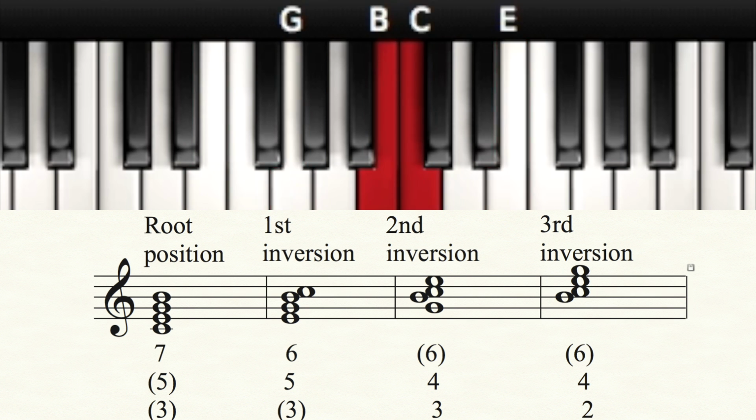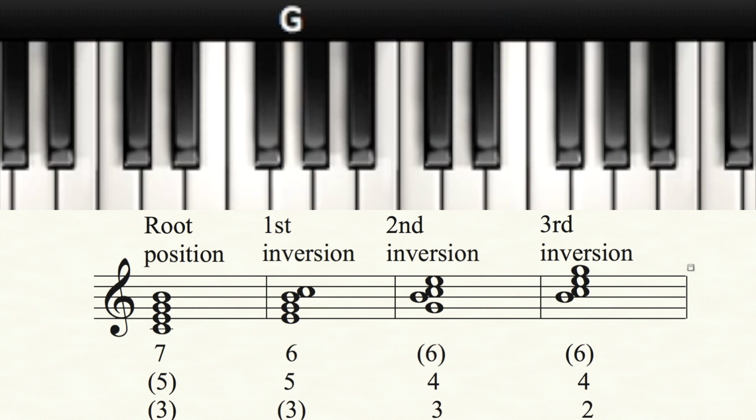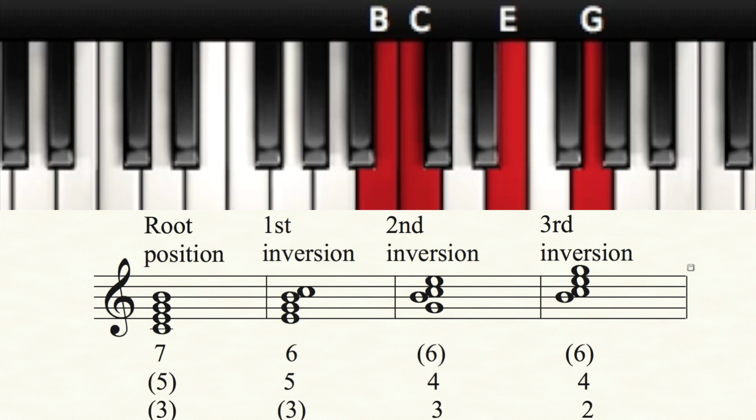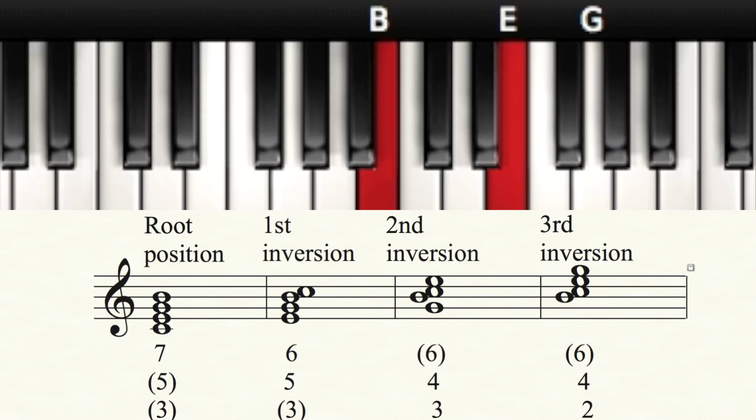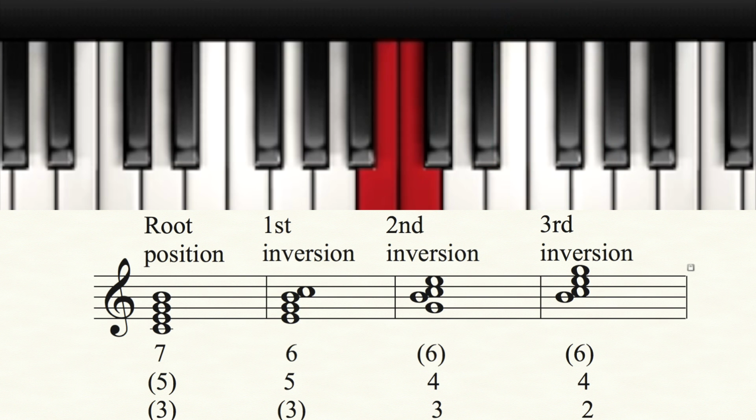For second inversion, we've got a 6, a 4th, and a 3rd, and the abbreviation is 4, 3. And then finally, for third inversion, we've got a 6th, 4th, and a 2nd. And the abbreviation for this is 4, 2.